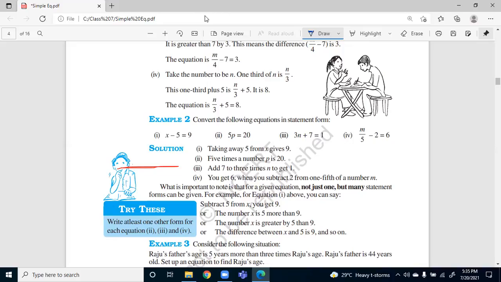So how should I do this? 5p means 5 times a number. You can say that 5 multiplied by a number is 20.